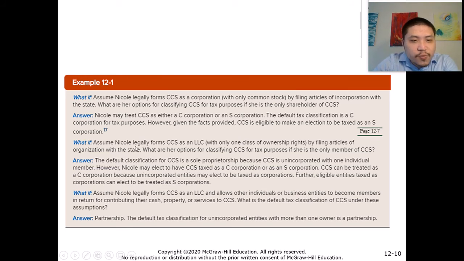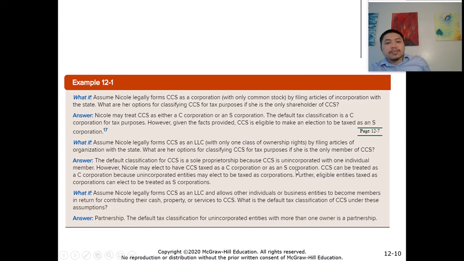Assume Nicole legally forms CCS as an LLC, with only one class of ownership rights, by filing articles of organization with the state. How can we classify this? The answer is that the default classification of CCS is going to be a sole proprietorship, because there's only one owner here, and an LLC is not a corporation.